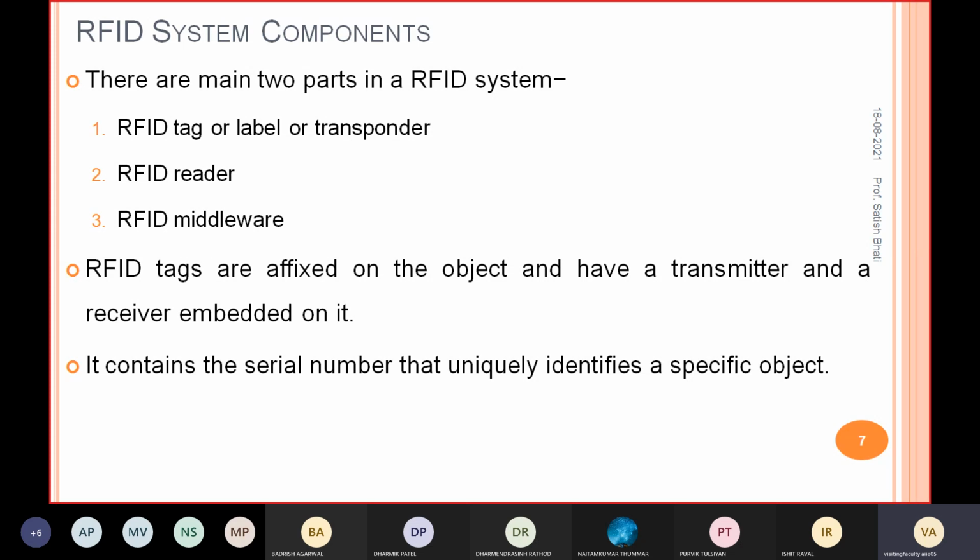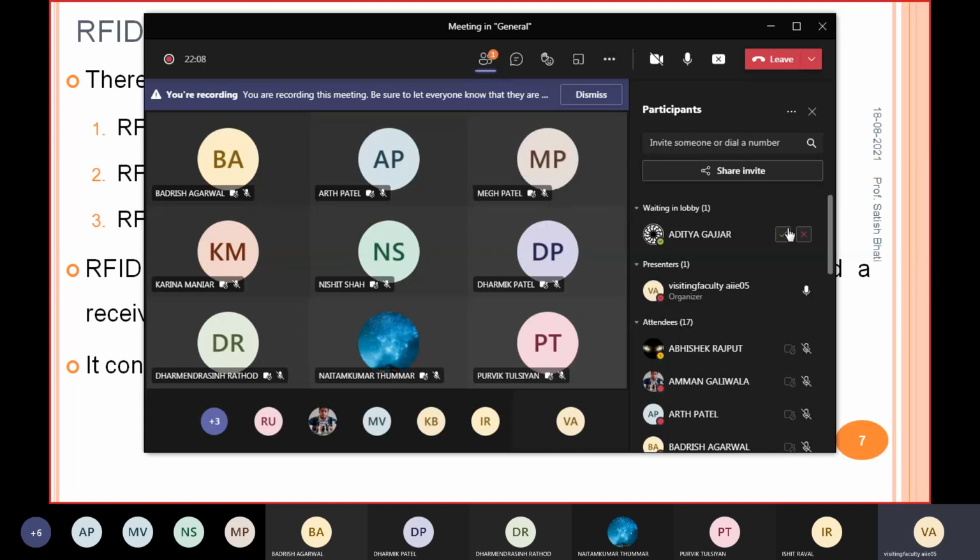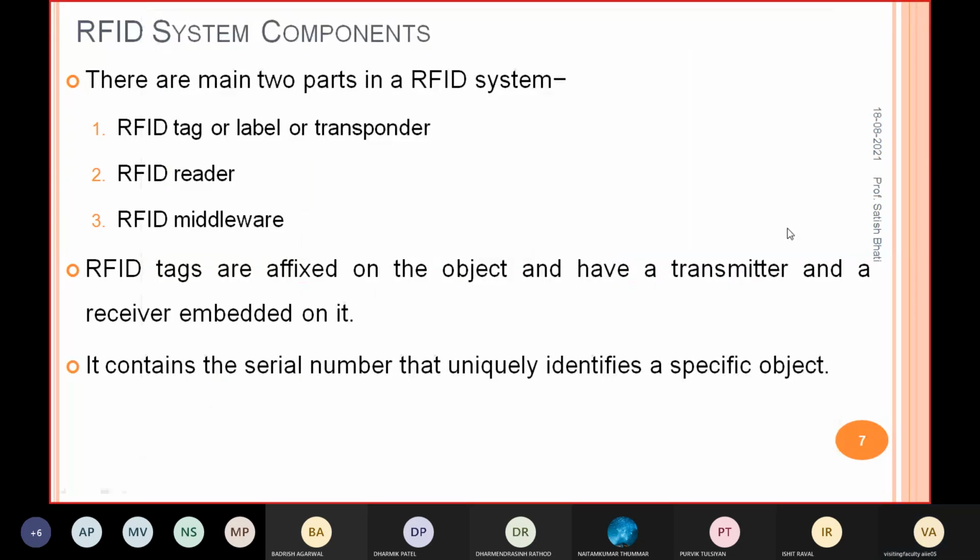I will show you the picture, right? It contains a serial number that uniquely identifies a specific object. So definitely it has a unique code in the form of a serial number, which we use to identify a particular object. But along with that you also have a transmitter and receiver to do the communication with the reader.